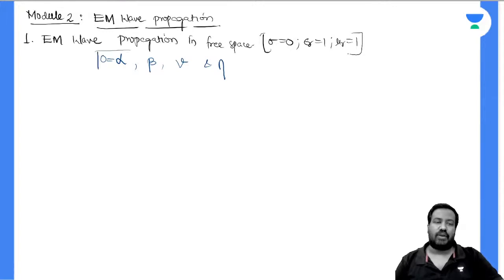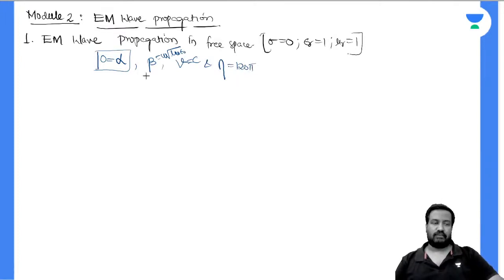Alpha you got it as 0, beta you got it as omega into under root mu naught epsilon naught, velocity you got it as c, eta you got it as 120 pi. We derived them, please go through. Next is EM wave propagation.